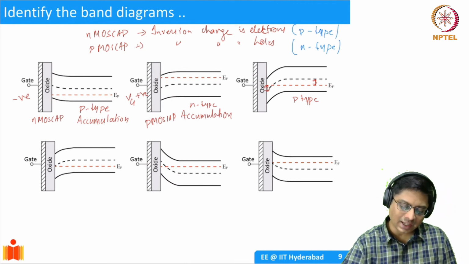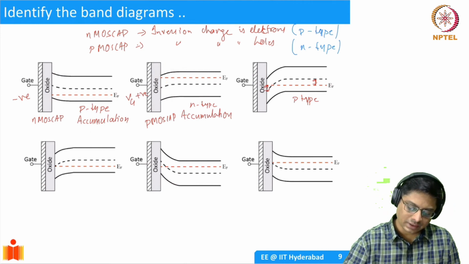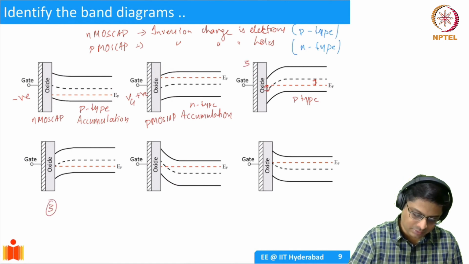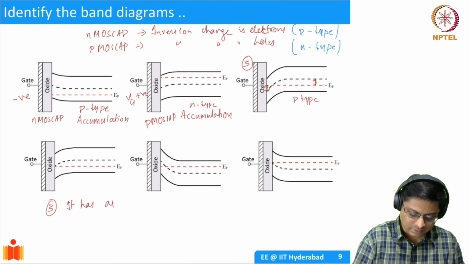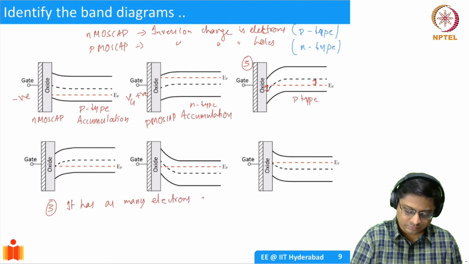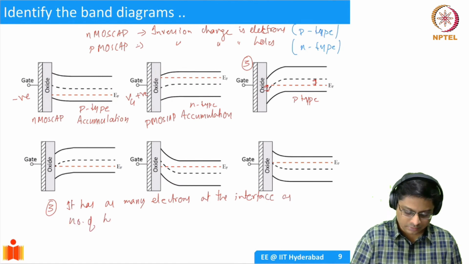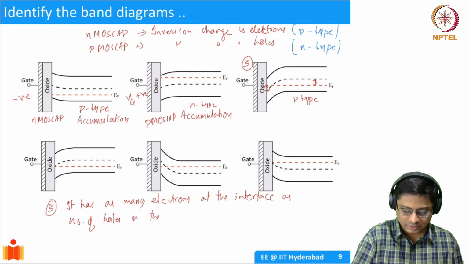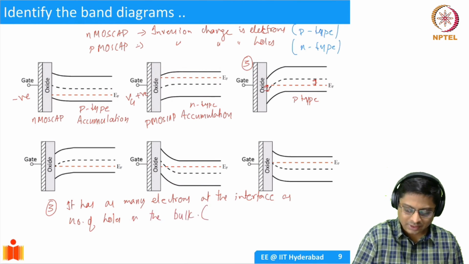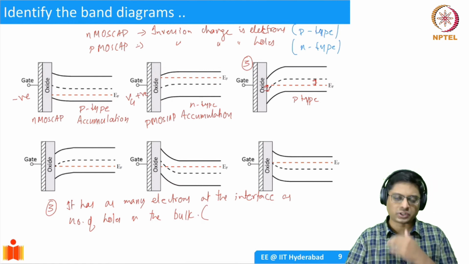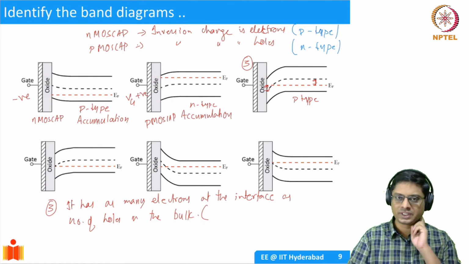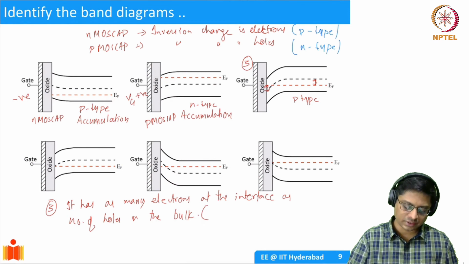So basically it has as many electrons at the surface, or at the interface, as the number of holes in the bulk. This is the definition of threshold, actually. When we cross this, we say that we reached the switching threshold. We will discuss this again.